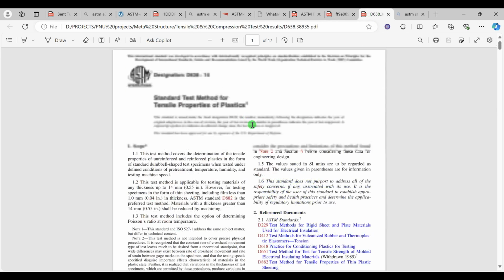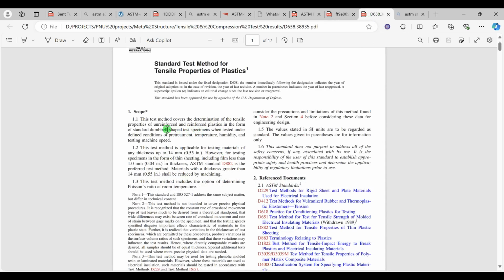According to this standard, as you can see, it is a standard test method for tensile properties of plastics.